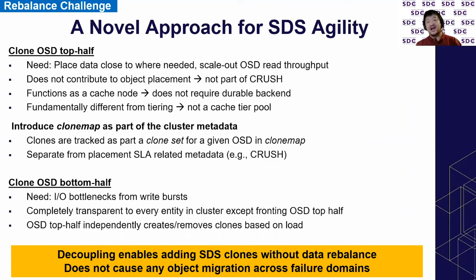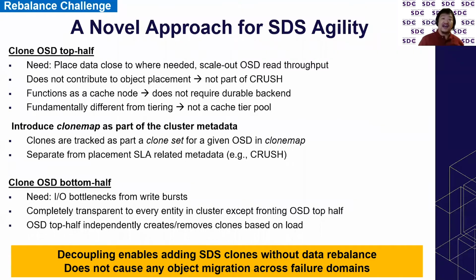At the same time, this should not contribute to object placement. So in the context of Ceph, it does not play a part in CRUSH, which takes the topology and decides where the data needs to be finally persisted on the durable device based on your policy of either 3-replica or 5-2 erasure coding profile.